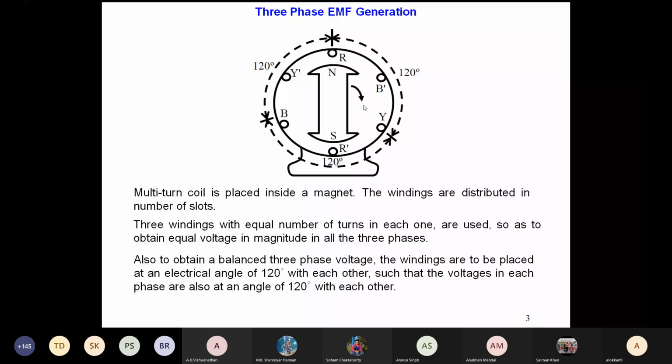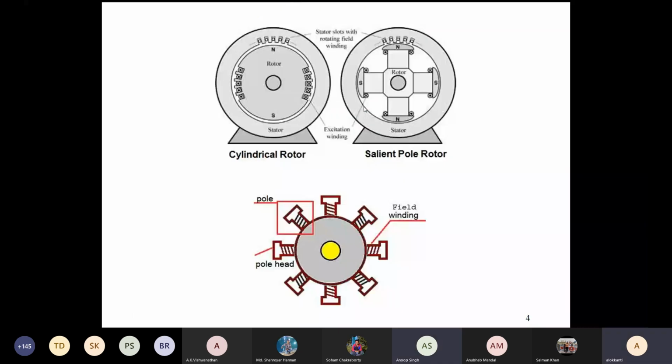Is it okay? So that means a small part of the generated electricity goes into determining the polarity of these magnet heads. Yes, some amount of energy is required to generate this magnetism also.